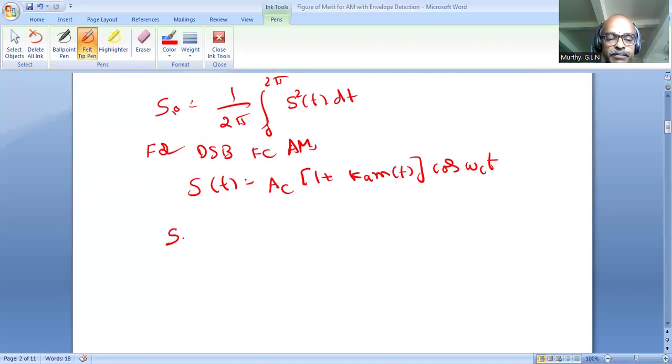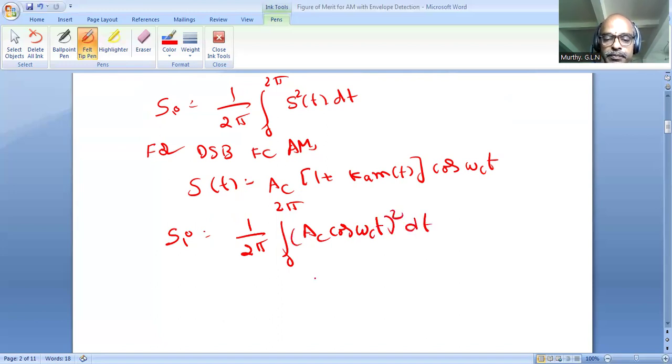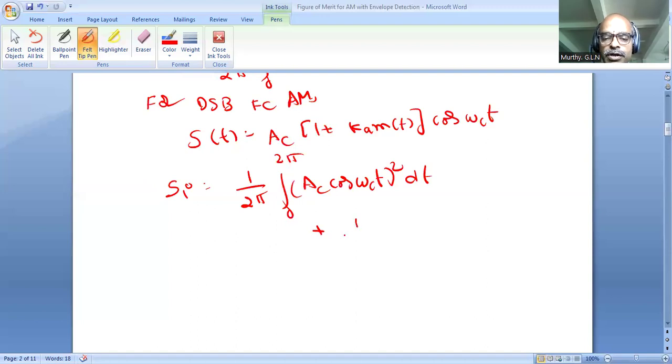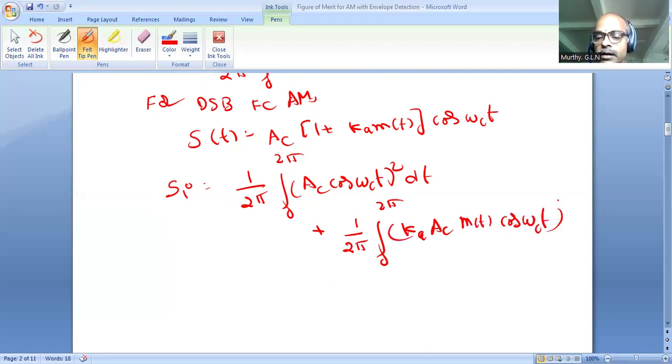Now, if you go ahead, Si equals 1 over 2 pi, integral 0 to 2 pi, Ac cos omega Ct whole square dt, plus 1 over 2 pi, integral 0 to 2 pi, Ka Ac M of t cos omega Ct whole square dt.